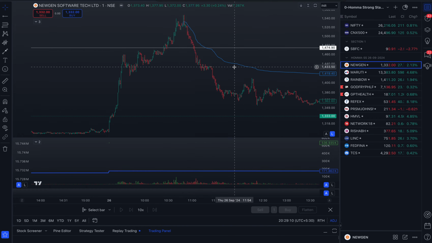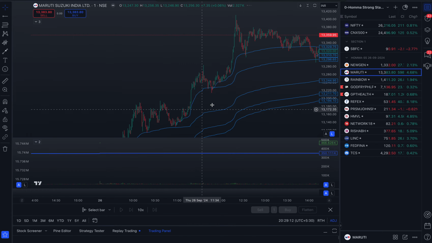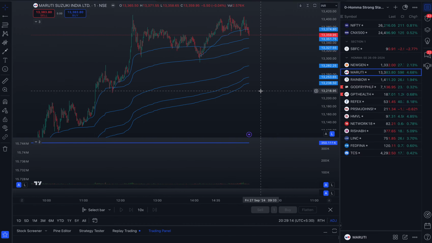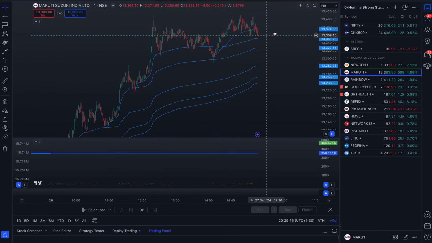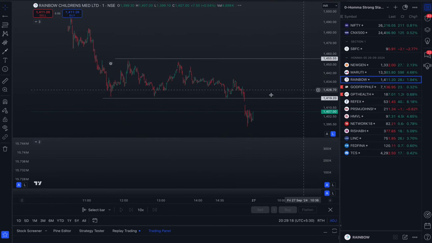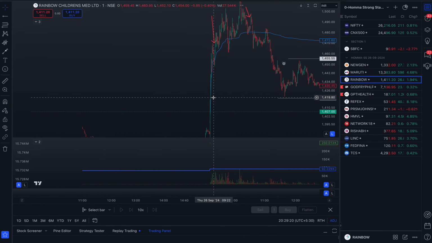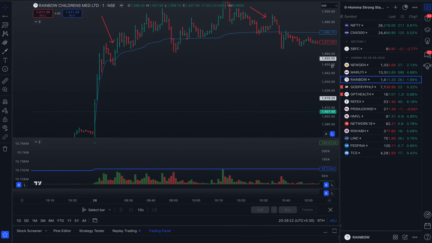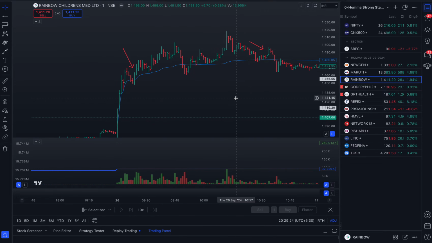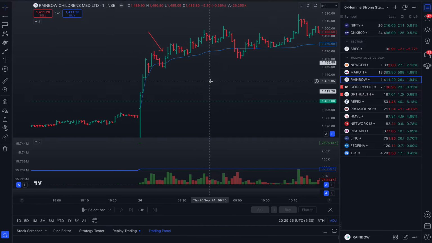Yeah, so Newgen. In Maruti, a sell signal never came today, if one were trading with AVWAP, right? But Rainbow is a name which I actually traded today as a strong start, and I will walk you through my trading.